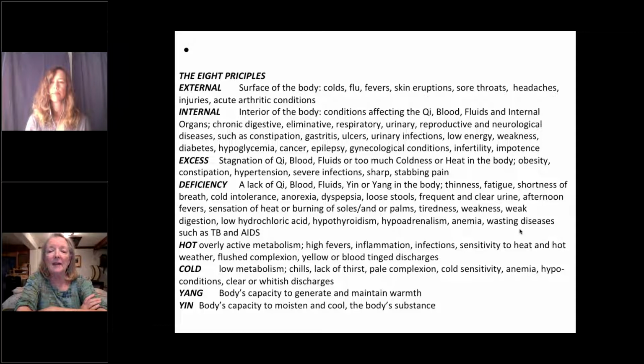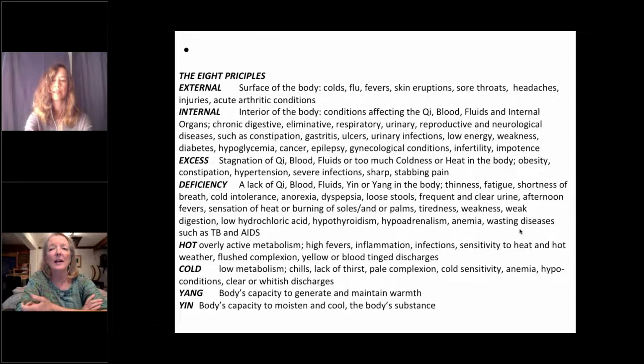You can have heat and cold in the body at the same time. You could have coldness in your digestion and heat in your liver, or heat in your lungs. You can have other combinations. You can have excess and deficiency at the same time.